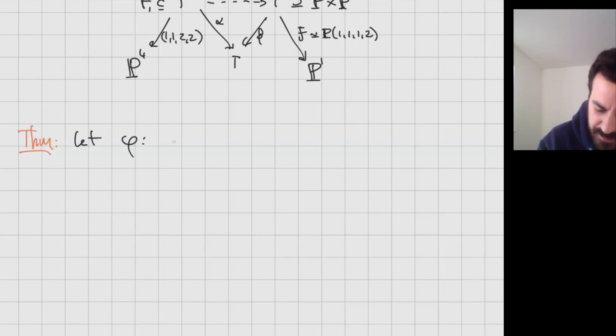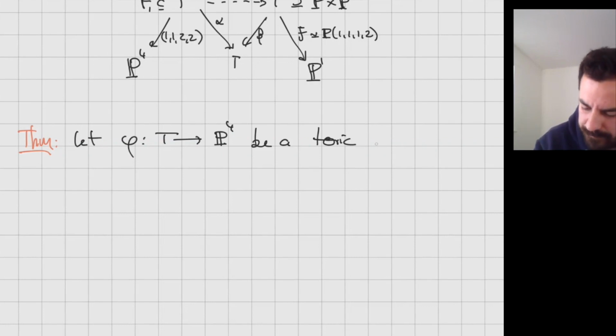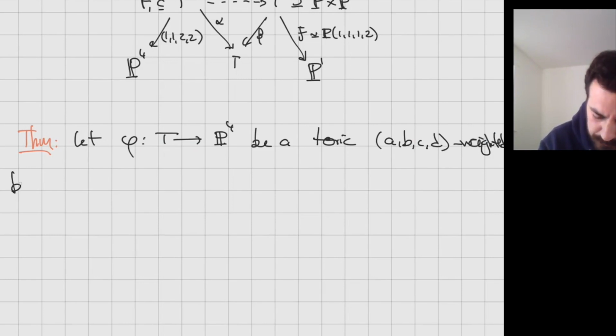Let phi from T to P4 be a toric A, B, C, D weighted blowup of P4.